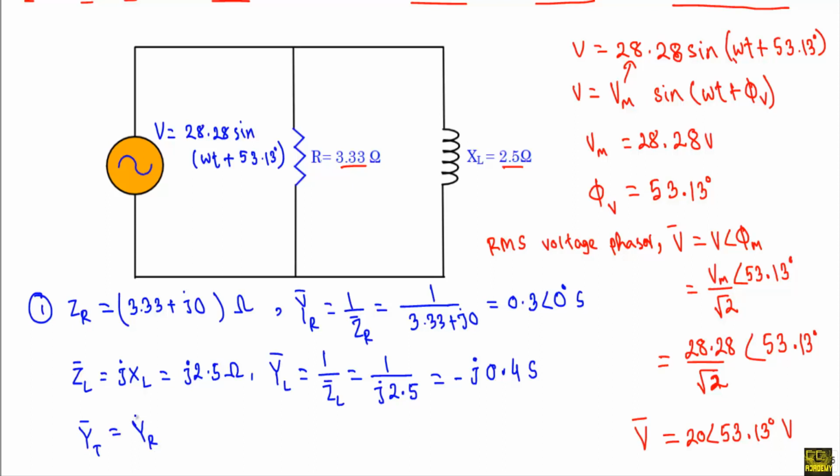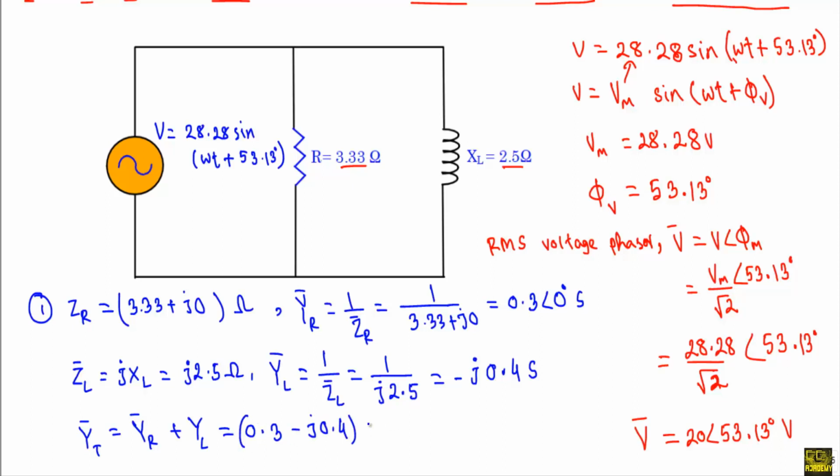YR plus YL. Here this YR is equal to 0.3 and this YL is equal to minus J0.4.